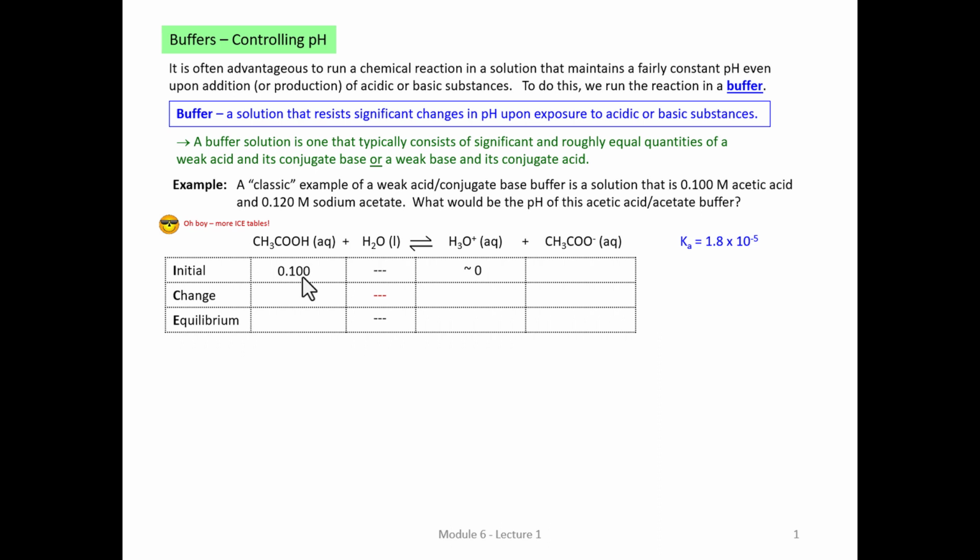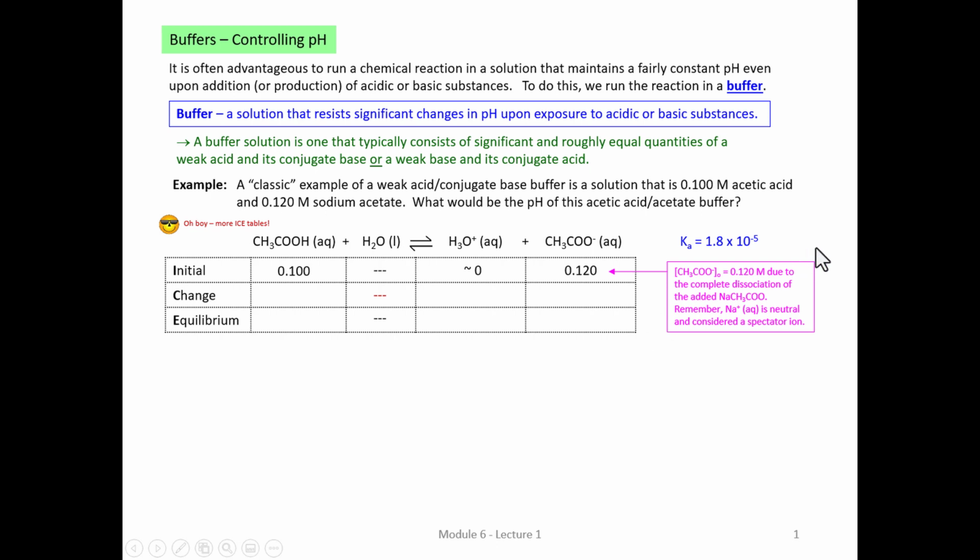Hydronium ion concentration, we don't know, but we'll assume it's close to 0 to start with, and the concentration of acetate would be 0.12 molar. You should note here that we made the solution 0.12 molar in sodium acetate. That was the way we got acetate in solution. If you recall, the sodium ion is neutral, and so it's considered a spectator ion here.